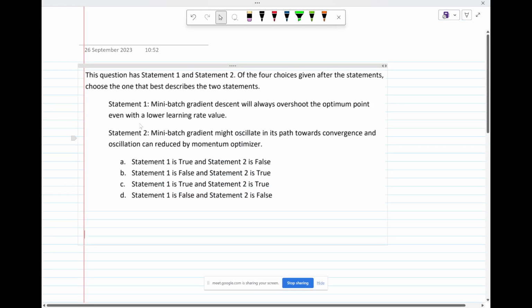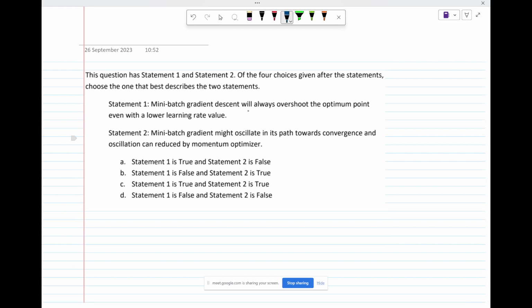So there are two statements and we have to say which is true and which is false. The first statement is: mini batch gradient descent will always overshoot the optimum point even with a lower learning rate value. That doesn't really make sense, right?